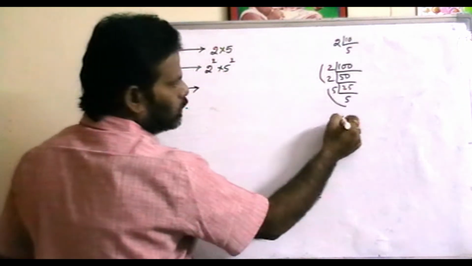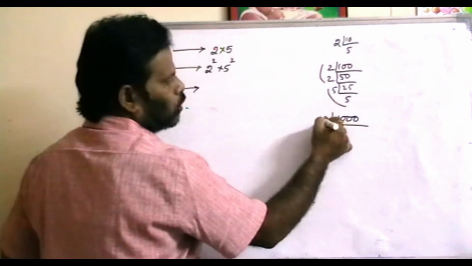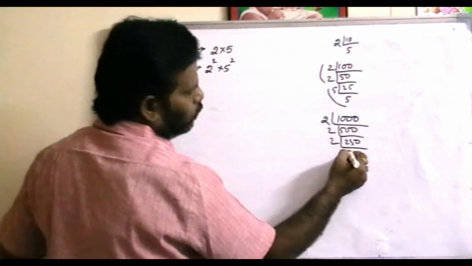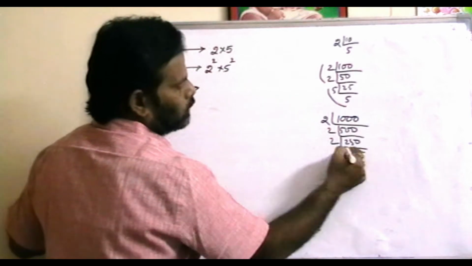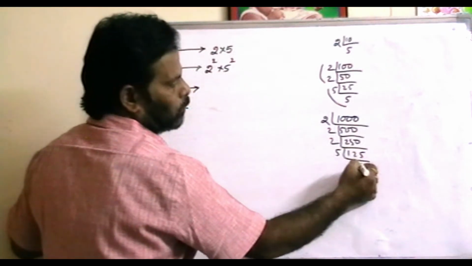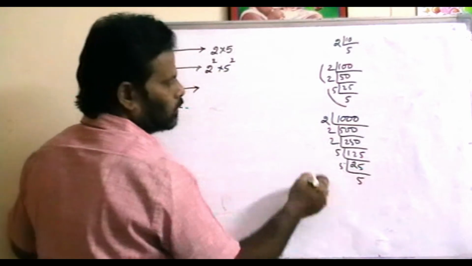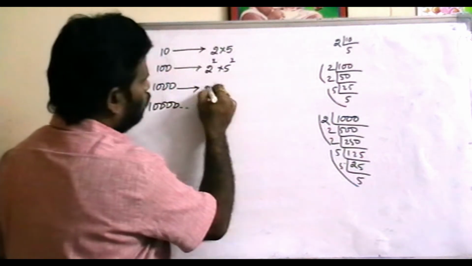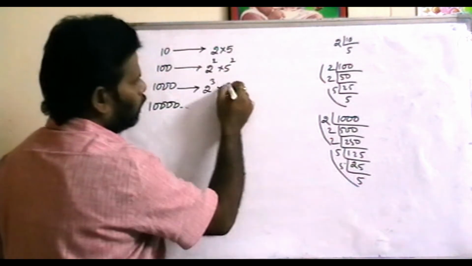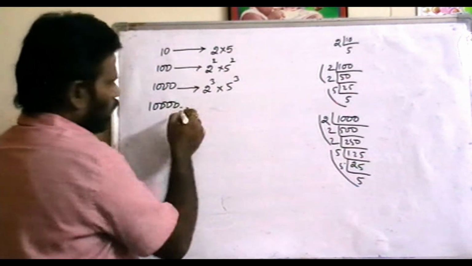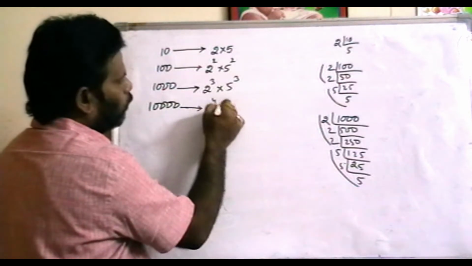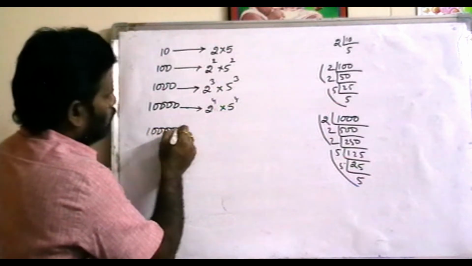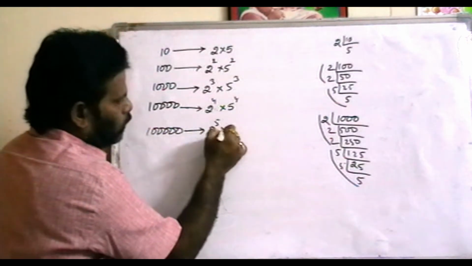Now 1000 changed into prime factors: 2 500s, 2 250s, 2 125s, 5 25s, 5 5s. So 1000 we can write as 2 cube into 5 cube. Similarly, 10,000 we can write as 2 power 4 into 5 power 4. And 1 lakh we can write as 2 to the power 5 into 5 to the power 5.